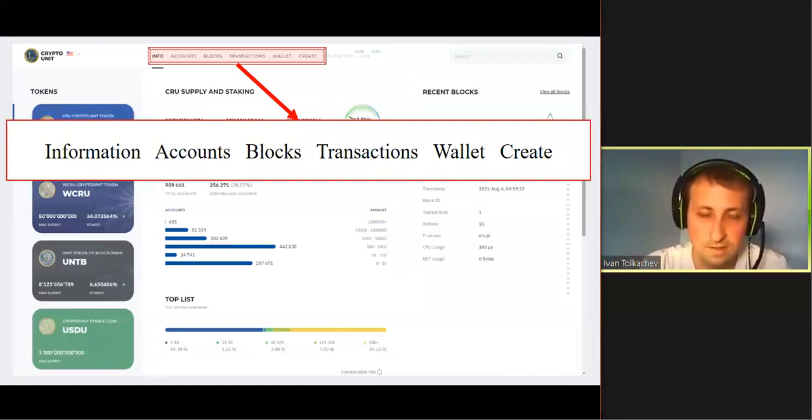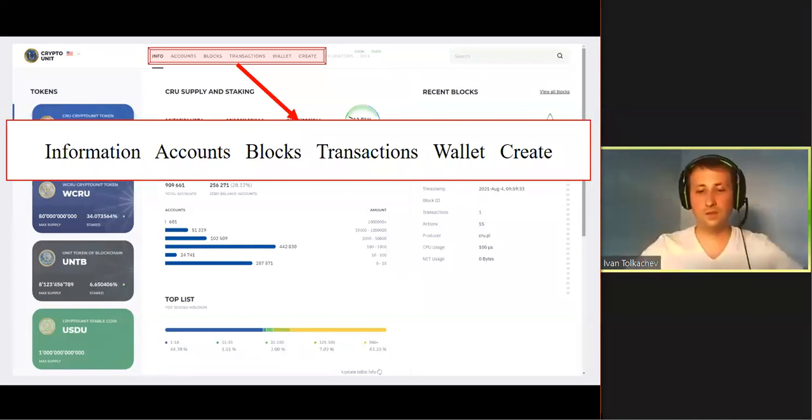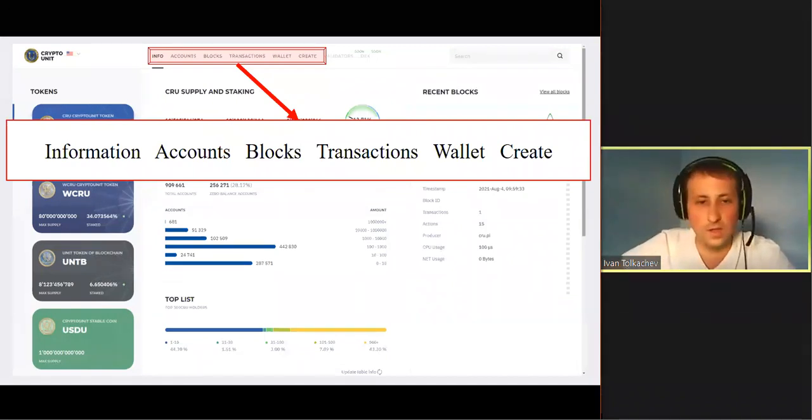From the first session, you know that blockchain is an open, public system, meaning that any person at any time may have a look at what accounts are available on the blockchain, the blocks generated, and the transactions carried out. These three sections we will not detail today, as they include technical information, whereas the next sections, wallet and create, we will study in more detail.